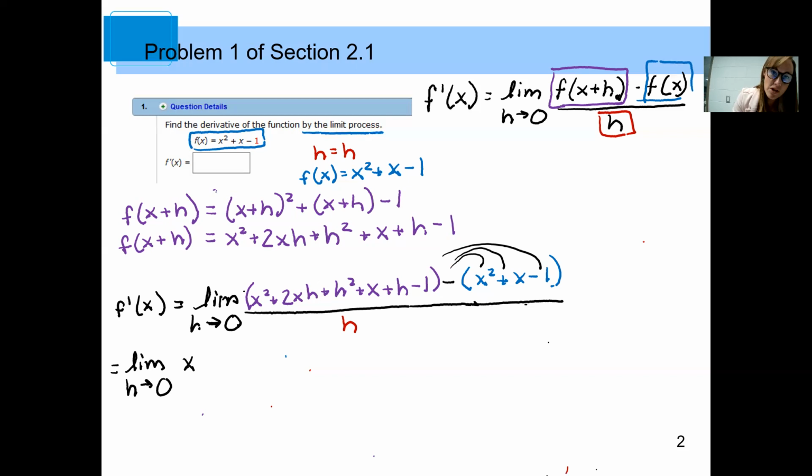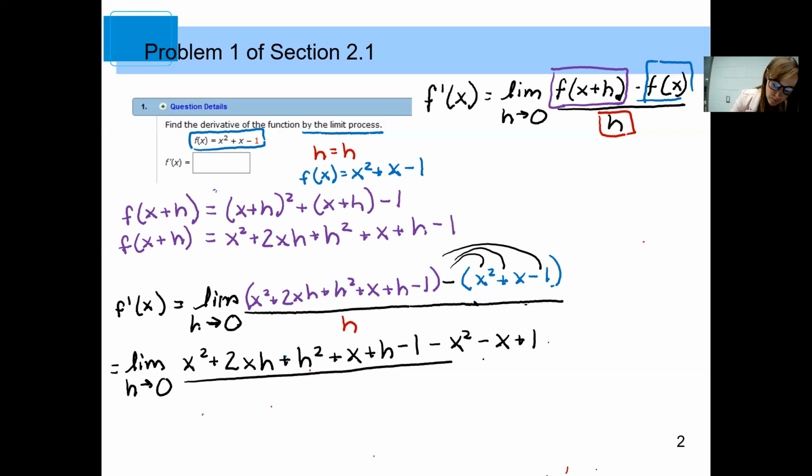We have no coefficient out front of that first polynomial, so I'm just going to drop the parentheses. We have 2xh plus h squared plus x plus h minus 1. And then distributing the negative, this becomes minus x squared minus x plus 1. All together over h.